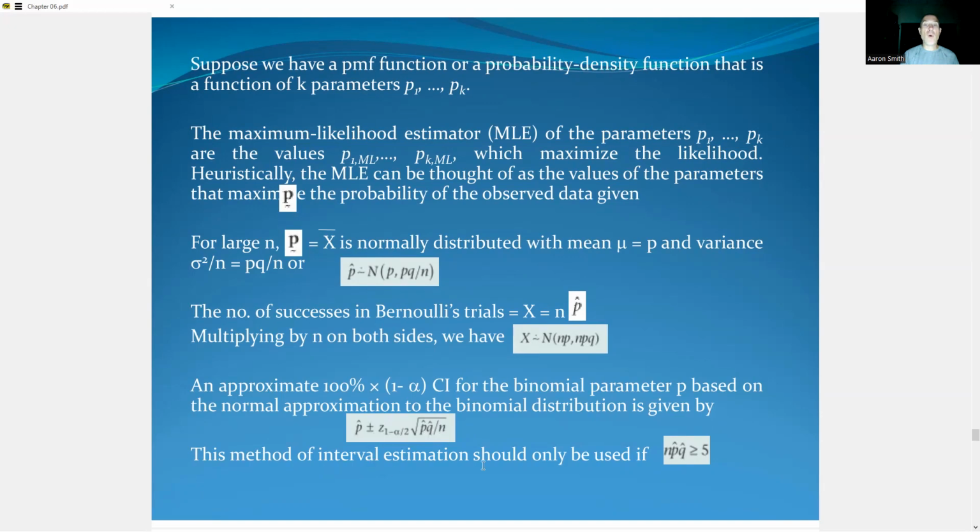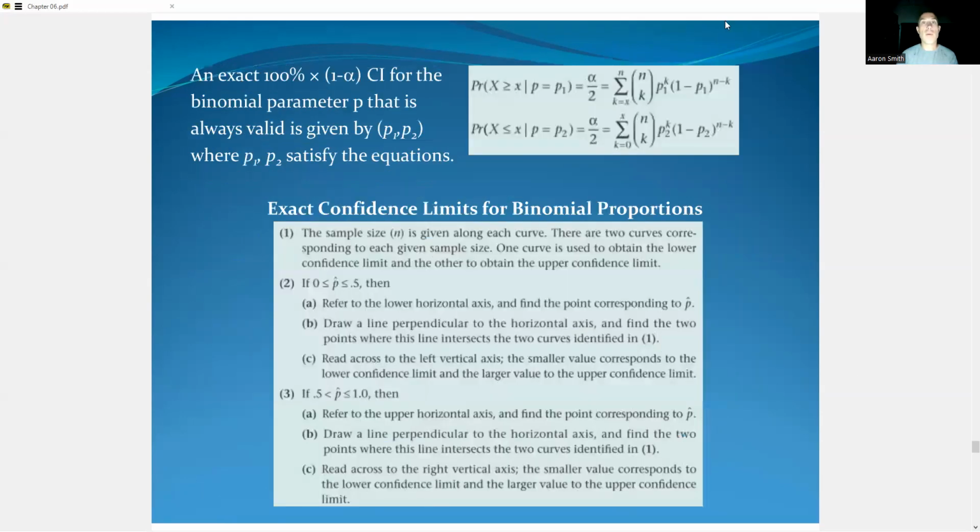Now, this method of interval estimation should only be used if n times p times q, the estimated values, are greater than or equal to 5. Different textbooks will give different values; 5 is the lowest I've ever seen. It is possible with modern machines to crunch that out.